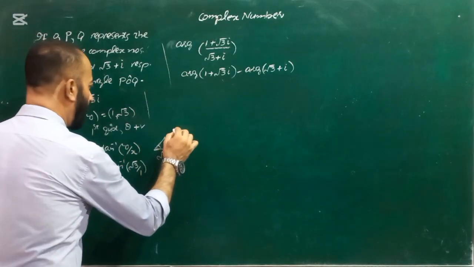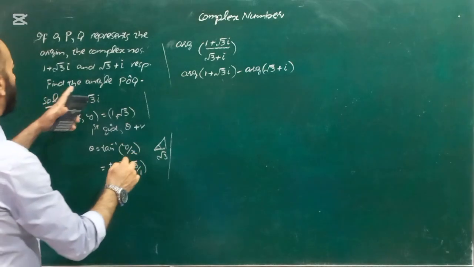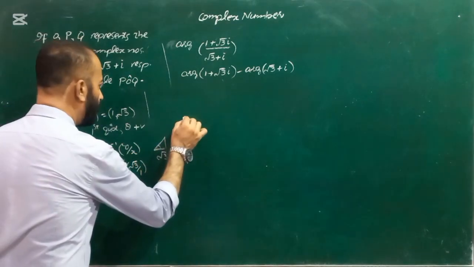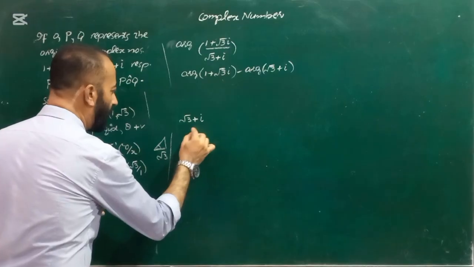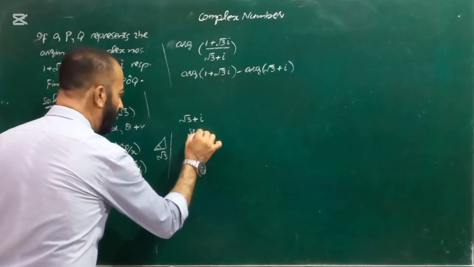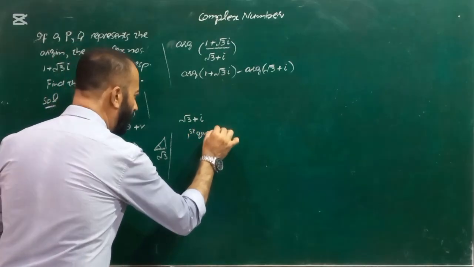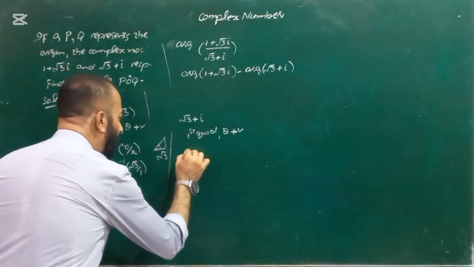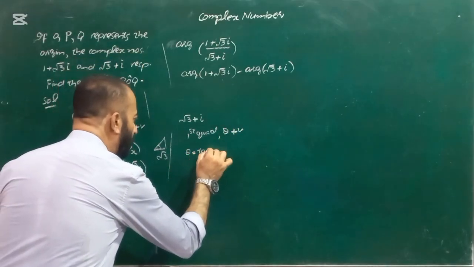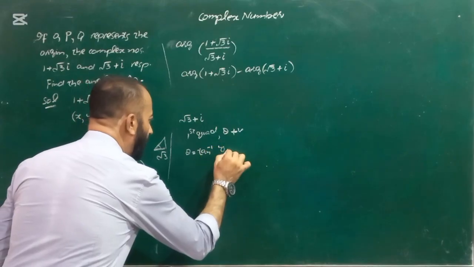argument. Now the second. The second complex number is square root 3 plus iota. So these are again positive. So first quadrant, theta positive, and theta will be equal to tan inverse y by x.